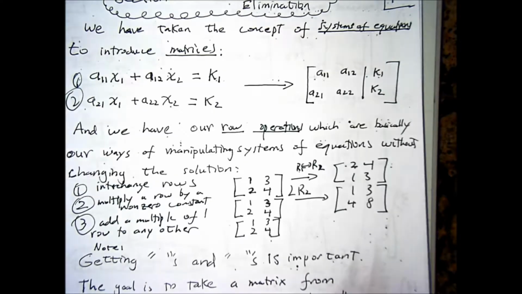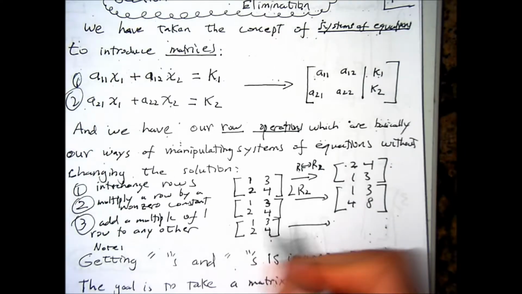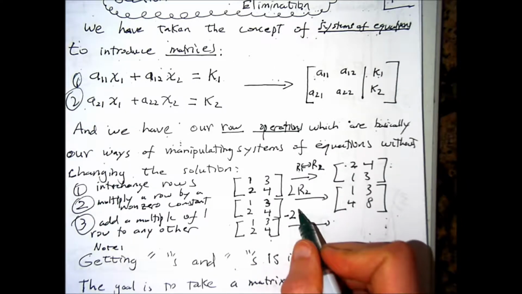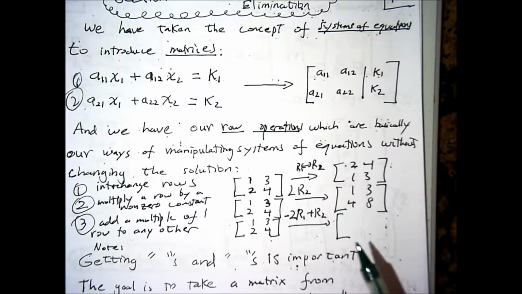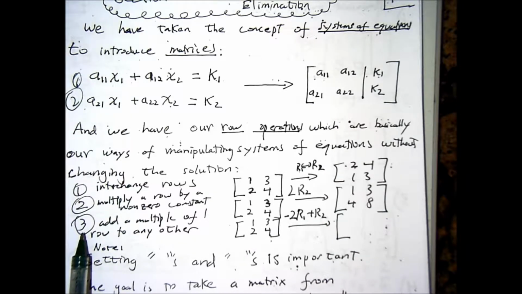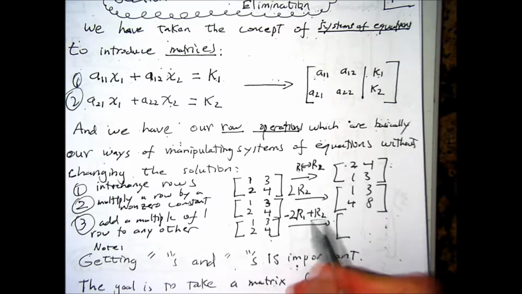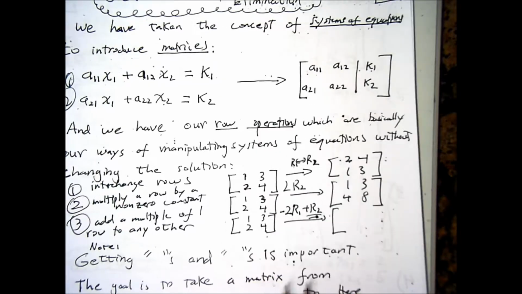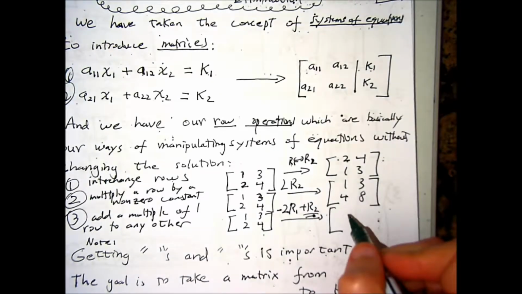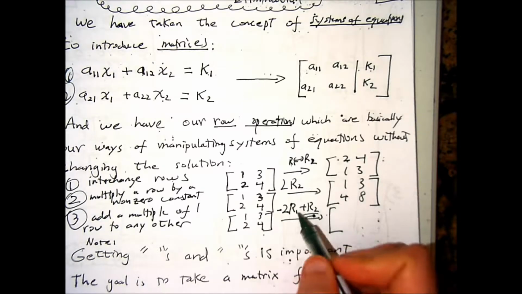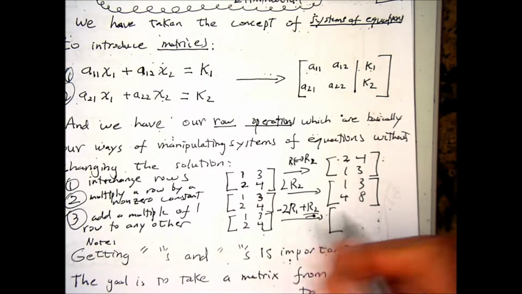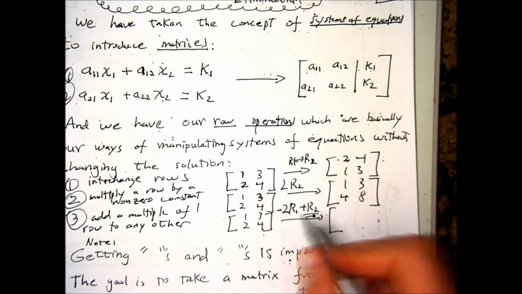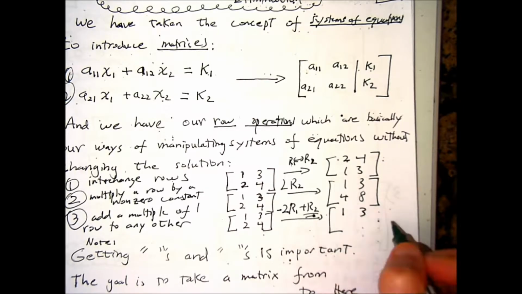Okay? So if I multiply this row by negative 2 plus row 2, remember when you're doing row operation 3, the row that changes is the second one, not the first one. You leave the first one alone. So I'm just going to copy down whatever the first written one is, not literally row 1. So row 1 is the first one that I wrote, so 1, 3 gets copied down.